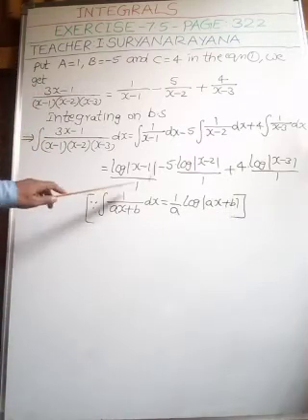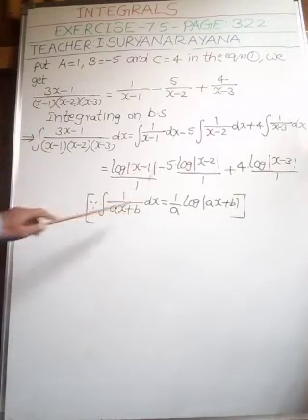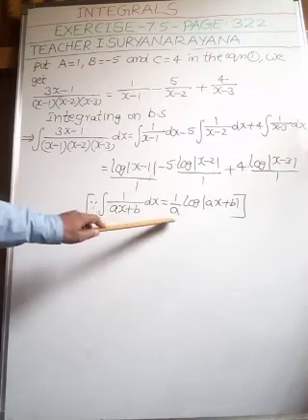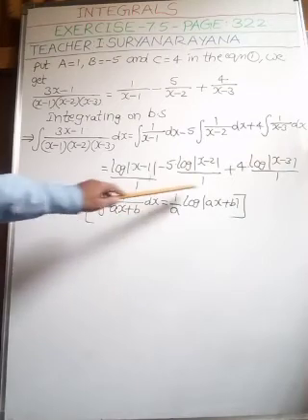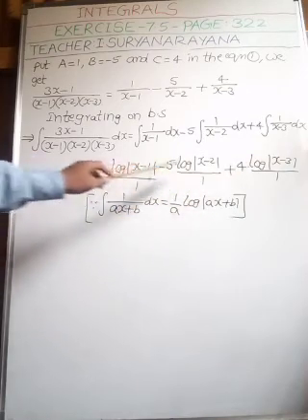In the denominator we have to write the coefficient of x. What is the coefficient of x here? A. So 1 by a. I wrote it as a denominator. So 1, 1, 1. Understood this step, my children?